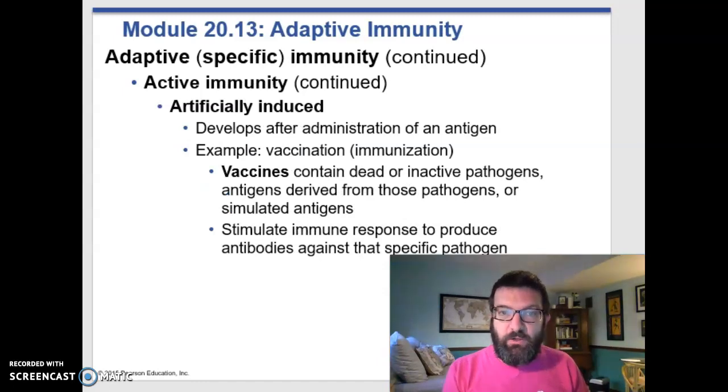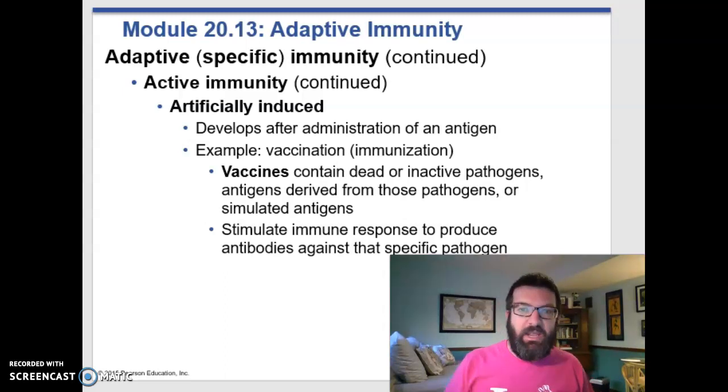But active immunity can also be artificially induced, and this means your exposure to the antigen happened in a medical setting. Essentially, you got a vaccine. And vaccines traditionally contain dead or inactive pathogens or some sort of artificial antigen that they put in your body, and it fools your body into thinking you've gotten that pathogen, right?